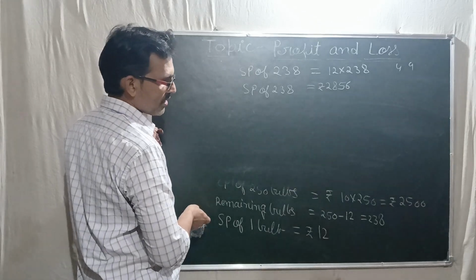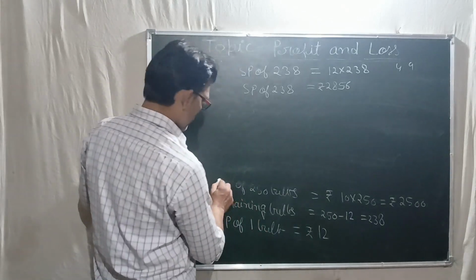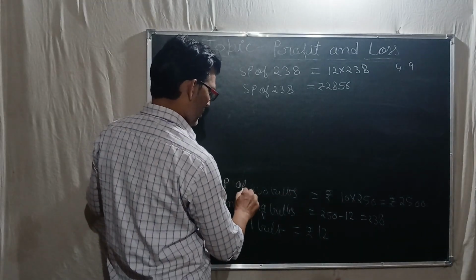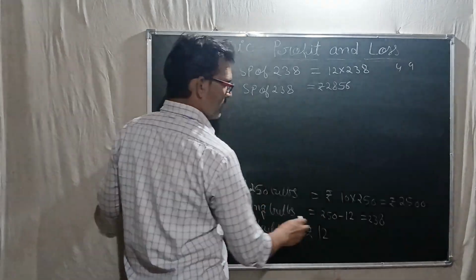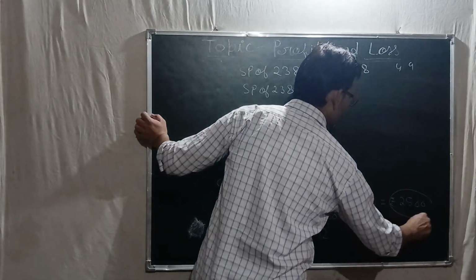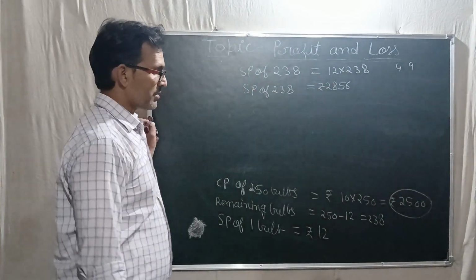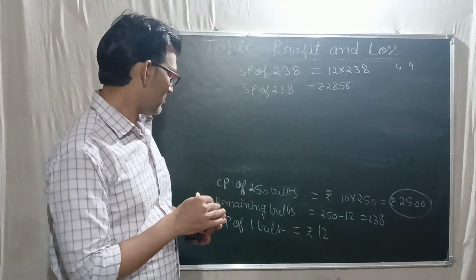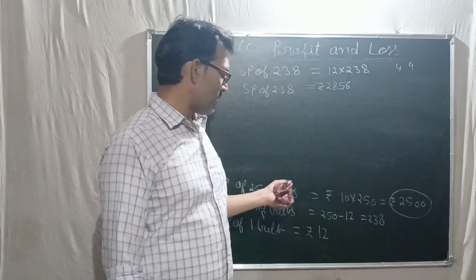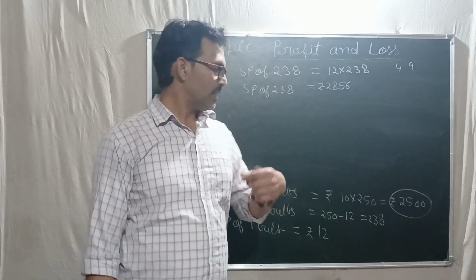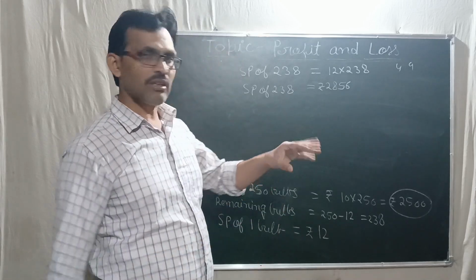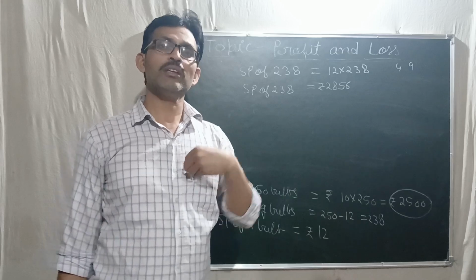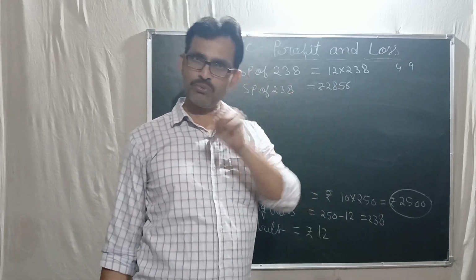And what was the cost price? We have to find the CP of 250 because he bought 250 bulbs. The bulbs that fused, he threw away, but the cost will be added because he has given the money for those 12 bulbs which were fused.